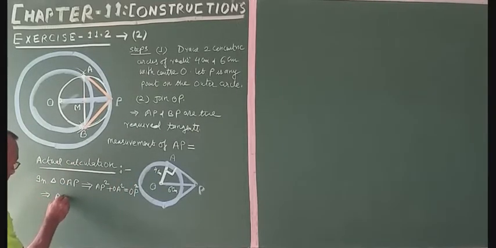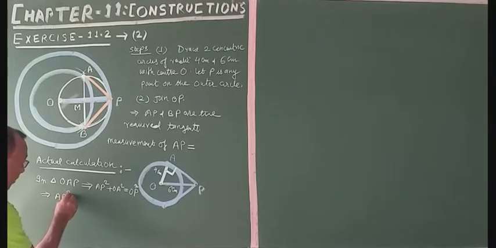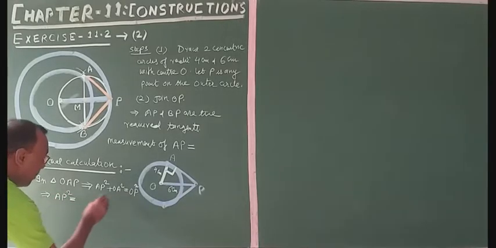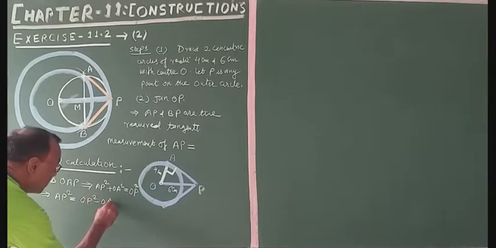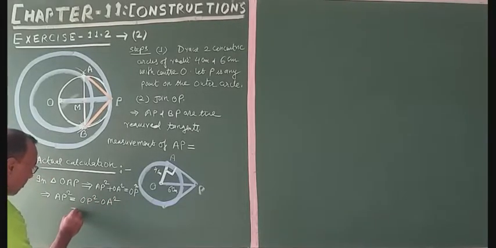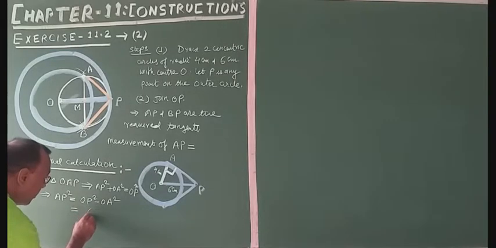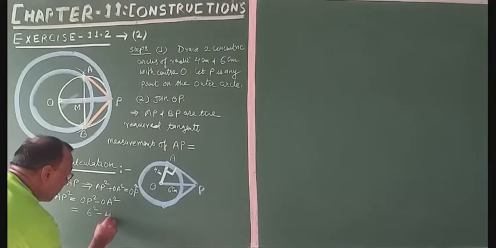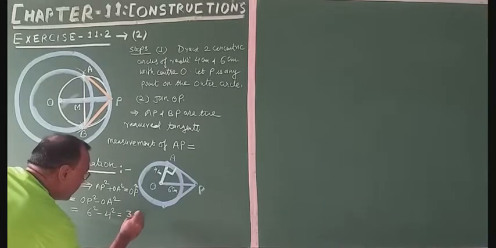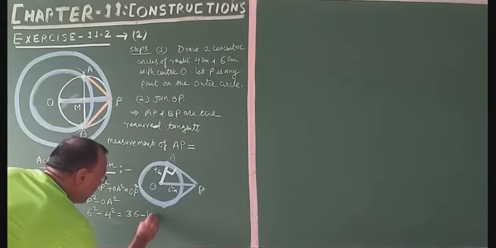Therefore AP square will be OP square minus OA square, which is 6 square minus 4 square. 6 sixes are 36 and 4 fours are 16.